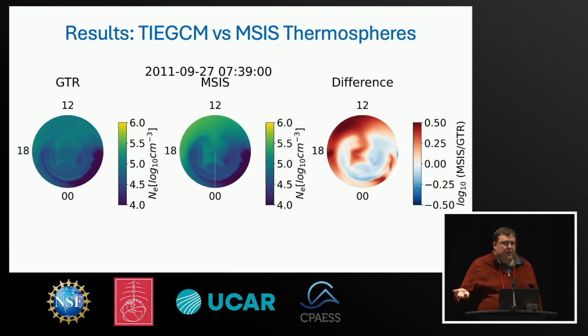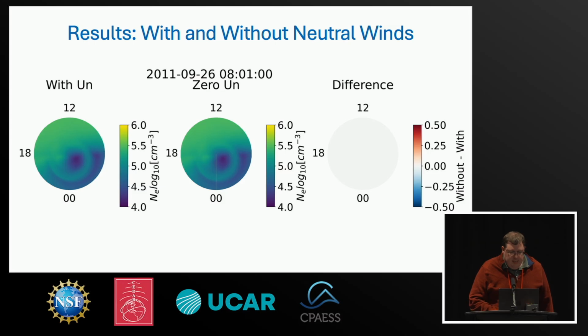And so now the obvious question is why? What about the thermosphere is actually leading to these differences? So I did another set of simulations where the left panel that's labeled with UN is the same GTR simulation, but then the middle panel that's labeled 0 UN is where I zeroed the neutral winds at a TI GCM.